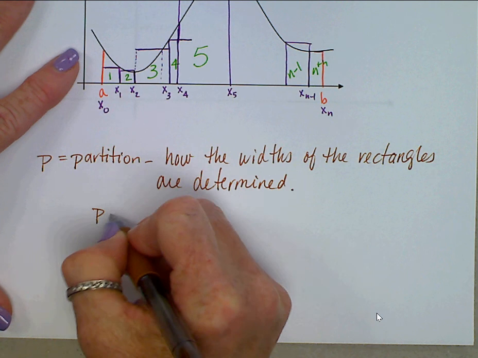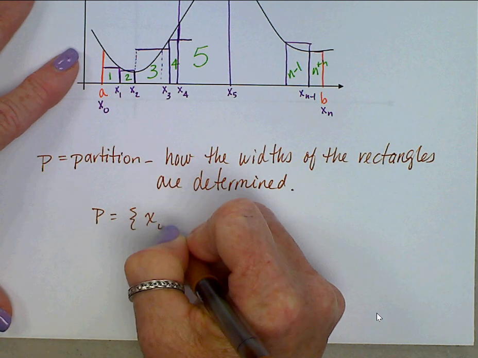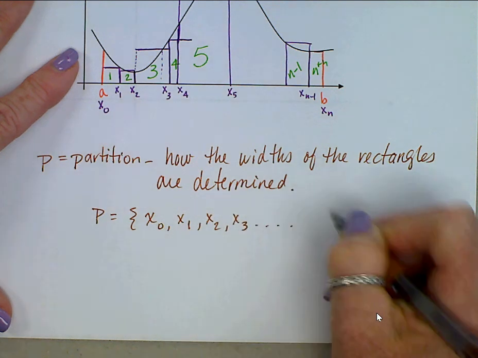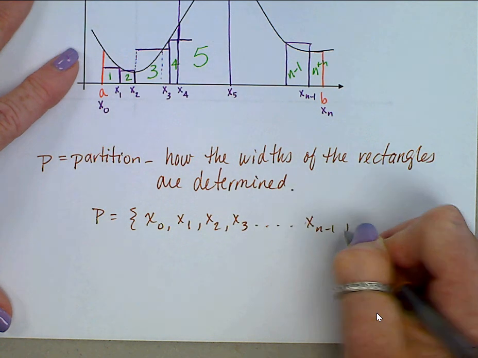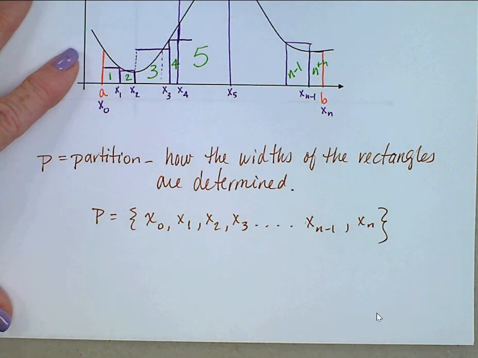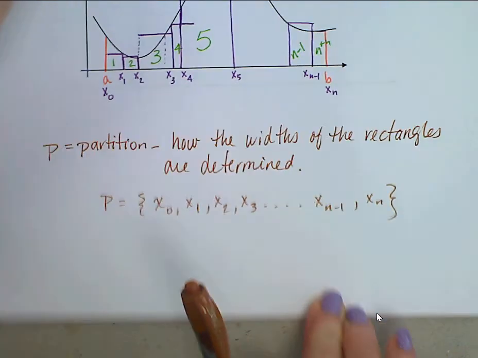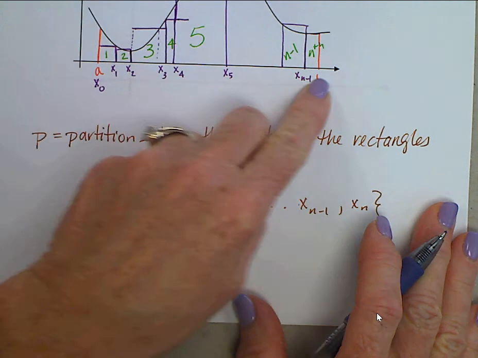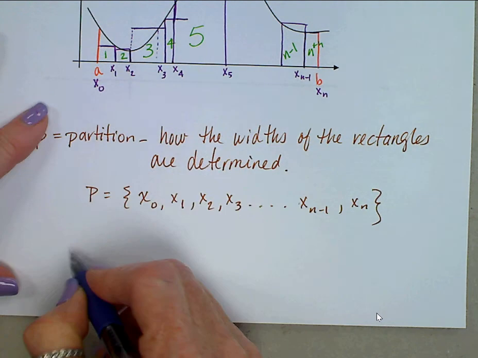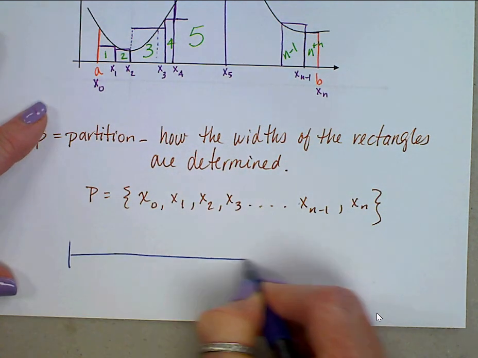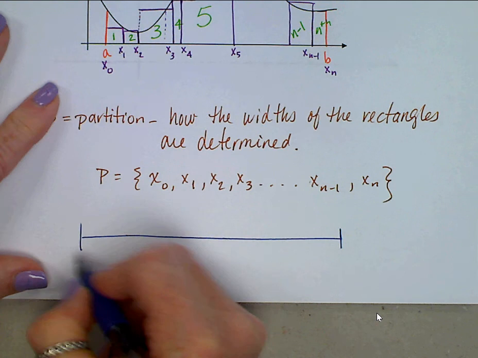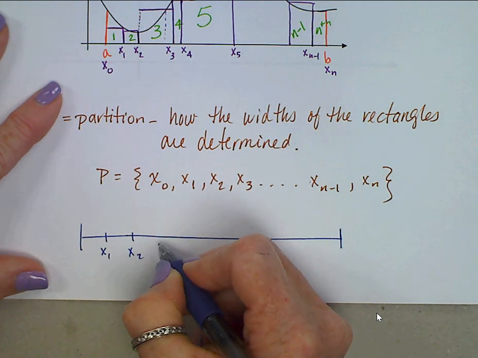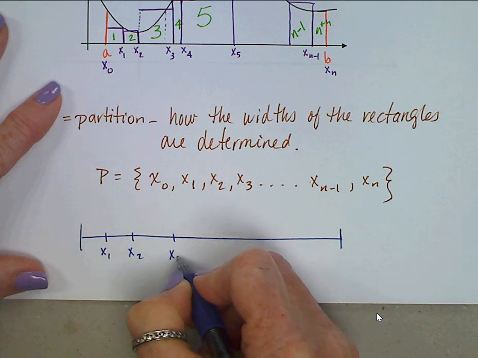So we might say that P is x sub 0, x sub 1, x sub 2, x sub 3, all the way on down to x sub n. I want to redraw this x-axis down here. It's getting kind of crowded up there, so I'm just going to expand that out. x sub 3 was pretty wide.